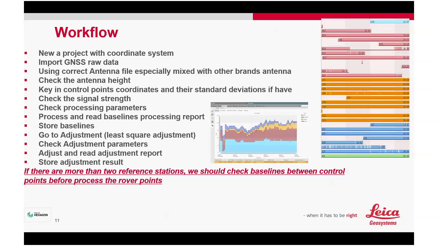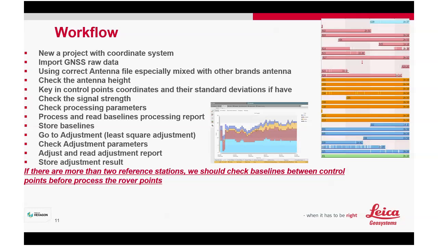But if one of the control points somehow has a problem, then through this exercise, because you do the baseline processing, you find the difference. If this difference is very big, you need to think about which control point has the problem and how you deal with the problem control point.